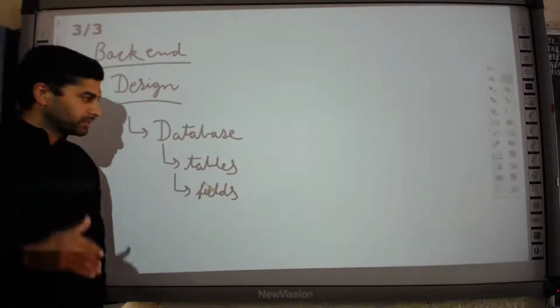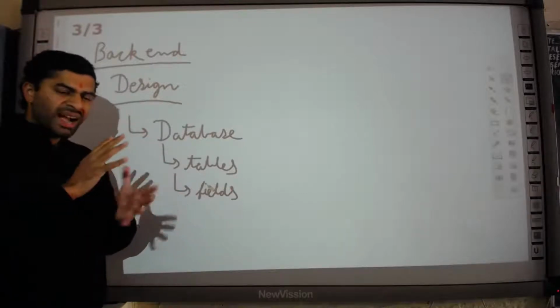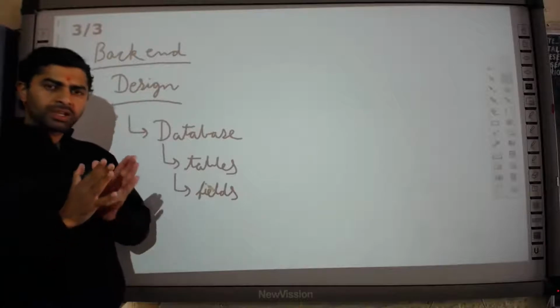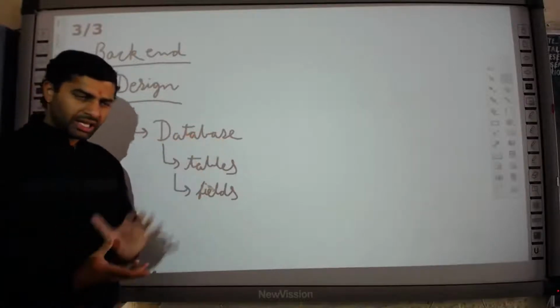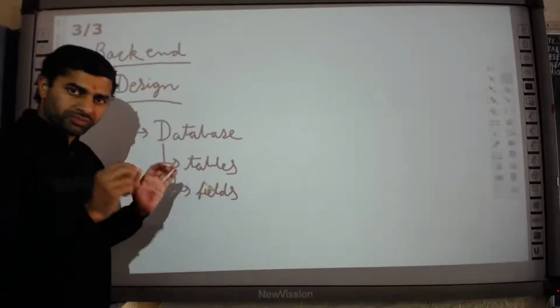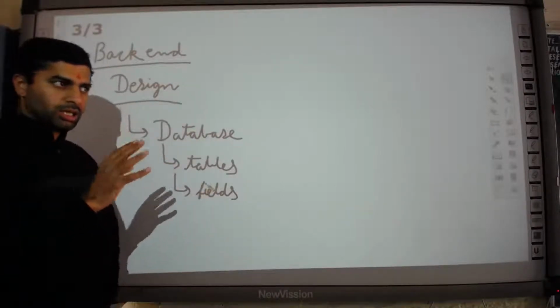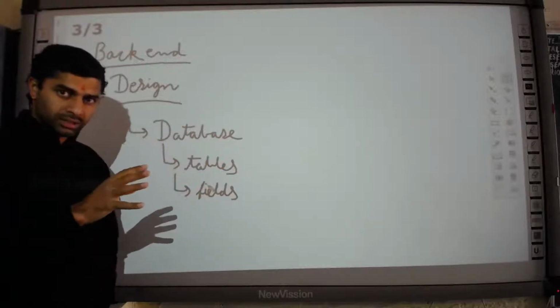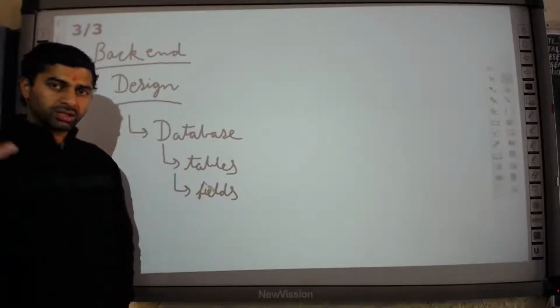Okay, the column. Now, how to design a database? The first thing is you should give the database name, and then all these things are to be done on a piece of paper, so that the entire database structure is clear to you while you are designing your software.